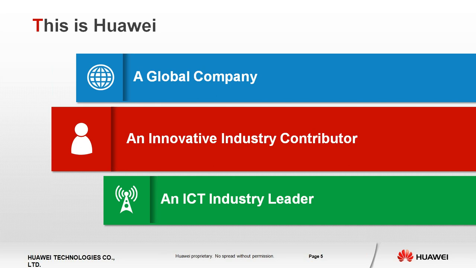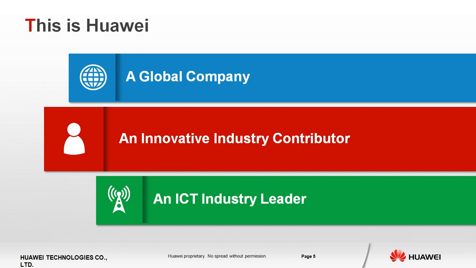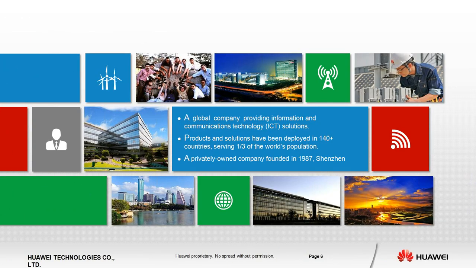We have established end-to-end capabilities across our portfolio, across carrier network, enterprise, and consumers actually. Here you can see Huawei has been present in over 140 countries, serving almost 1/3 of the world's population, almost 2 billion people in some shape or form use Huawei's products.